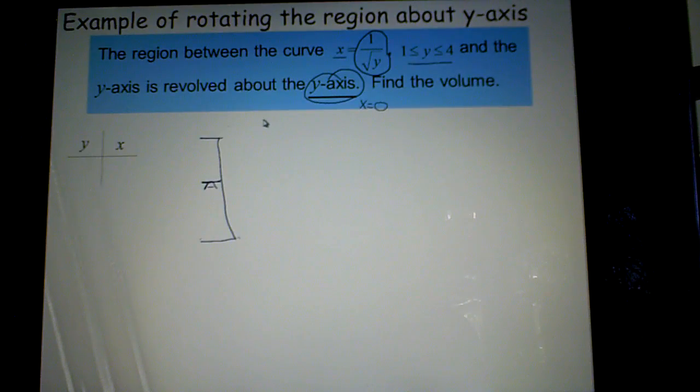And notice over here, now what's going to happen is I made my representative disk this way from the axis of rotation to the function, and then I'm going to spin this way.